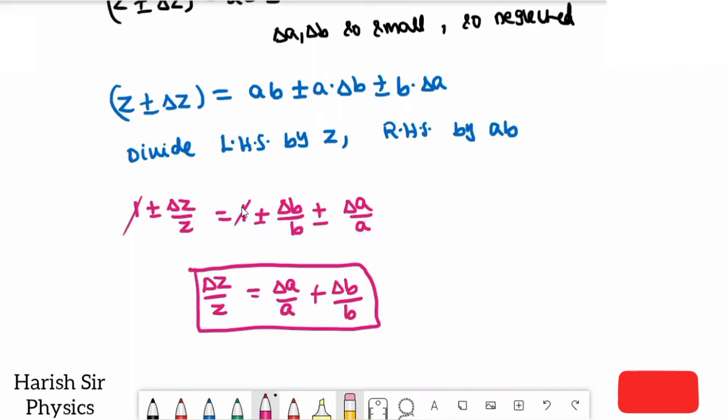This is the maximum possible error in a product.